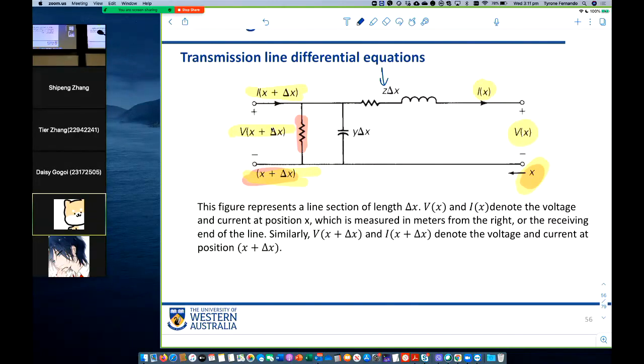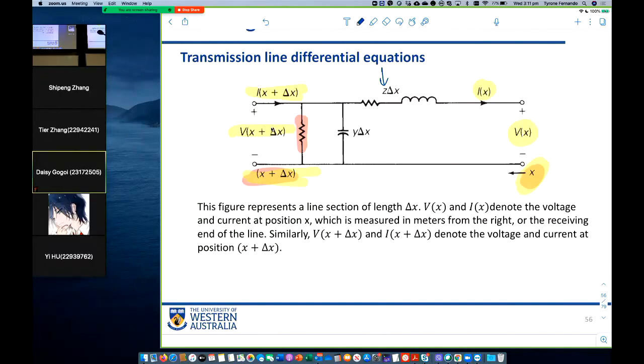Okay? So Z is the impedance per meter. If you are now considering a short distance delta x, that Z has to be multiplied by delta x, because that's the distance that we are considering, right? So for the impedance on the horizontal line, we have Z times delta x.